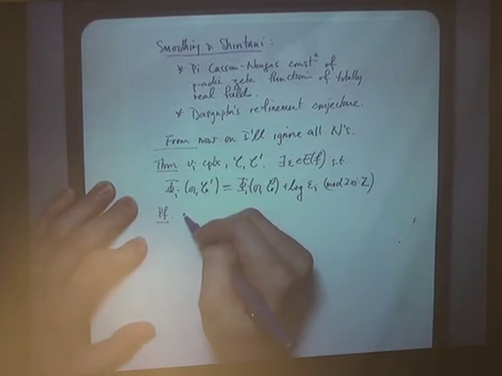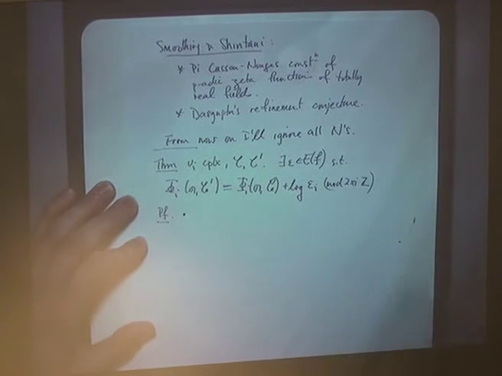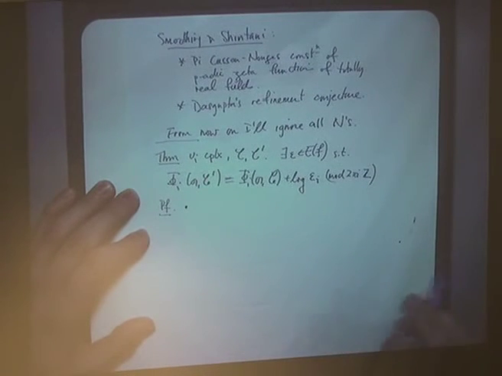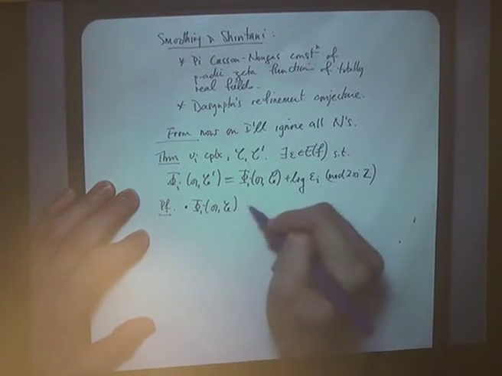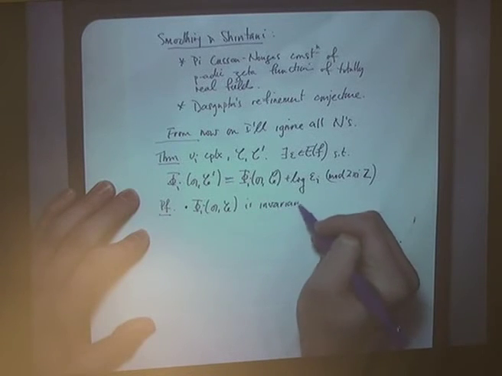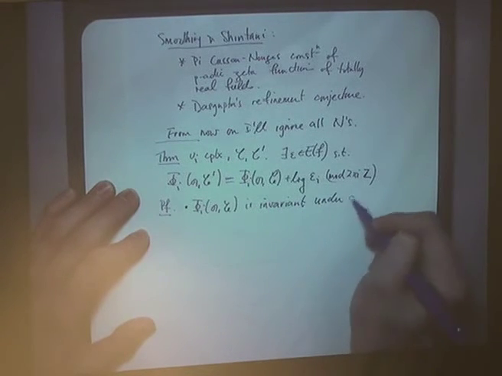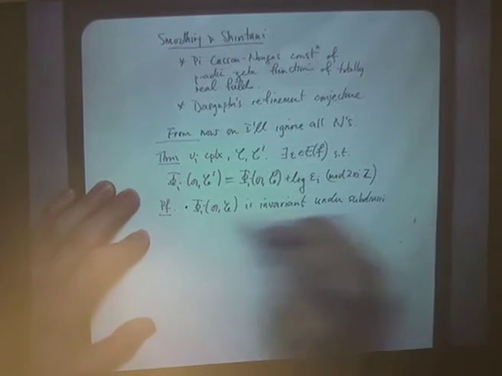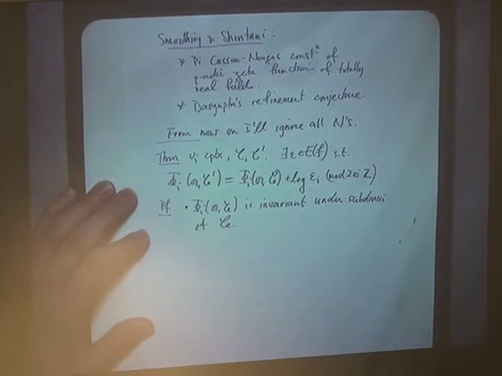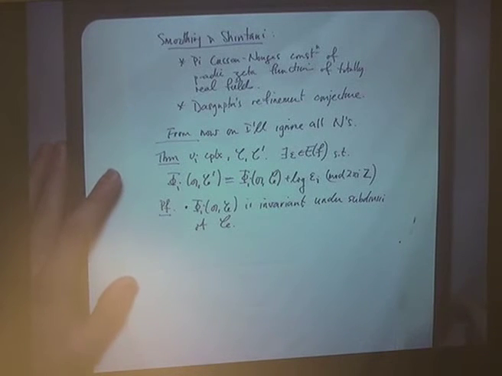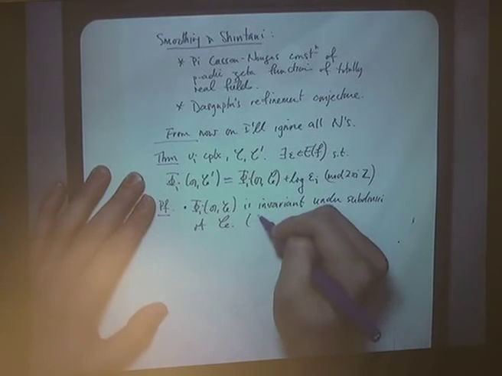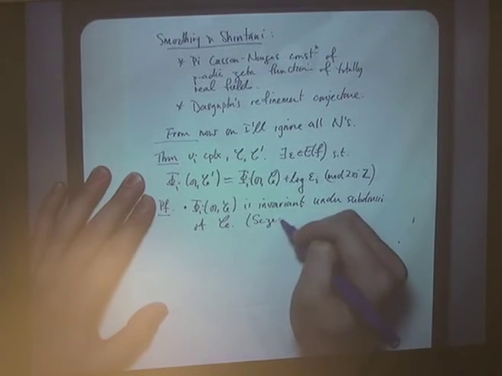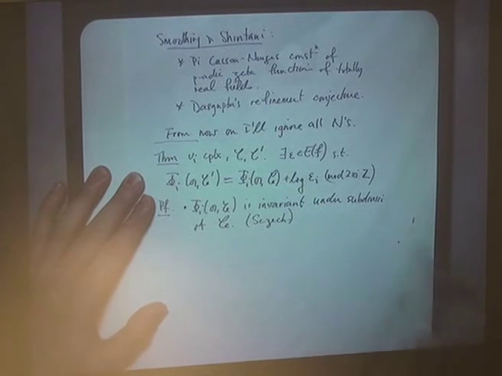The first remark, and I'm sort of burying the lead here, this is not an easy thing to prove, is that phi of A C is invariant under subdivision of C. So it's not independent of all choices of cone decomposition, but if you fix one and just refine it, you aren't going to change these values. This is a fascinating argument due to Sczech, and I think I have those constants in the right order.